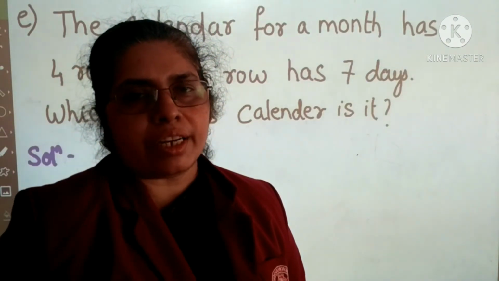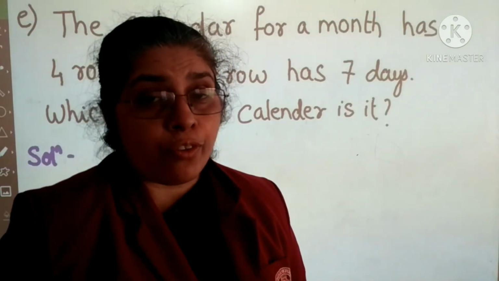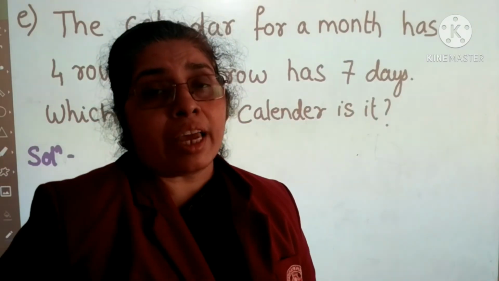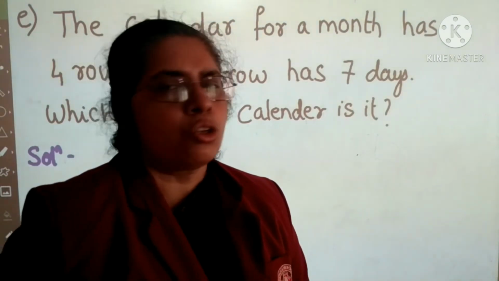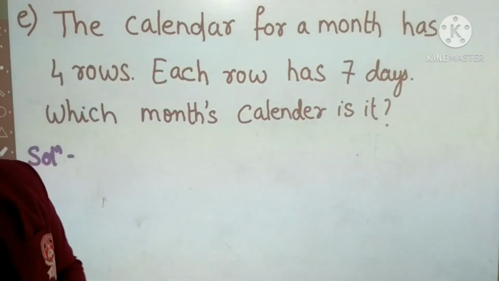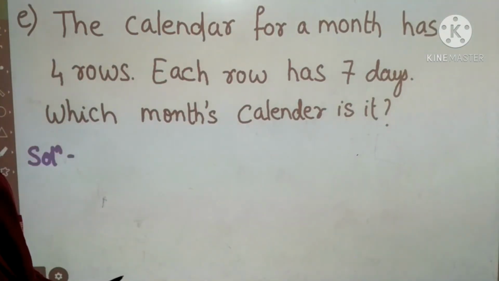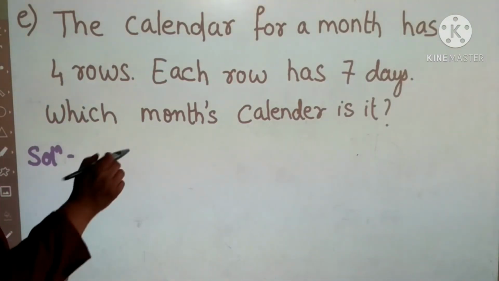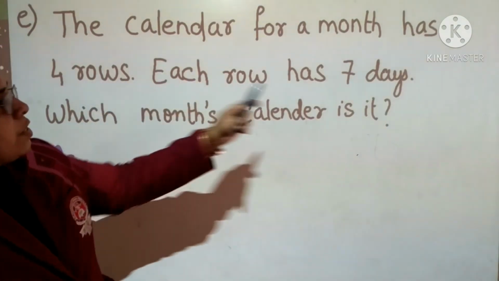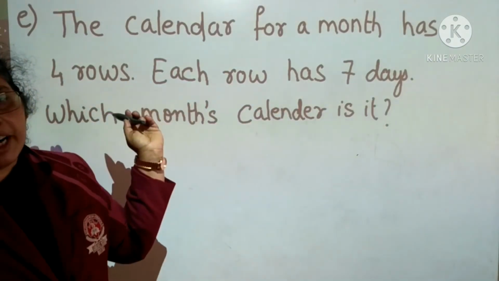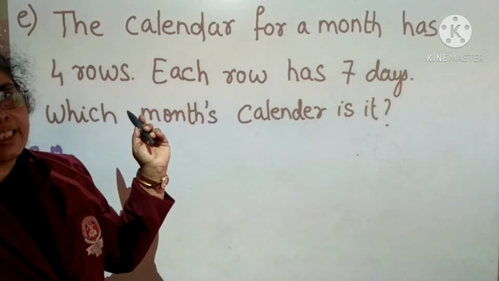Which month calendar is it? You have to find how many days a calendar has. Then only you will be able to know which month it is. So you find how many days are there in that calendar: 4 and 7, 7 multiplied by 4 you will get the days.